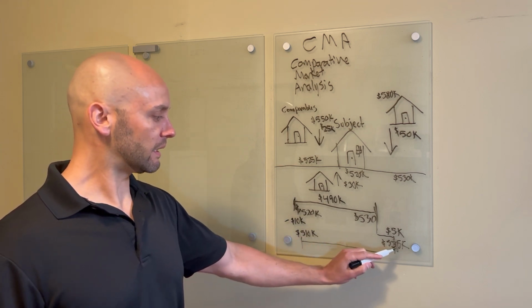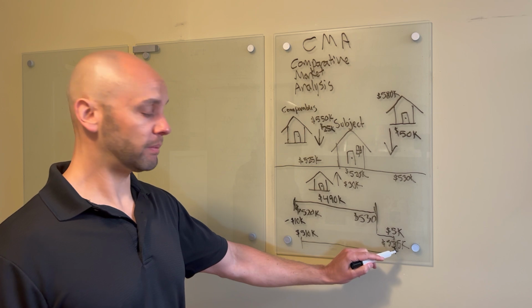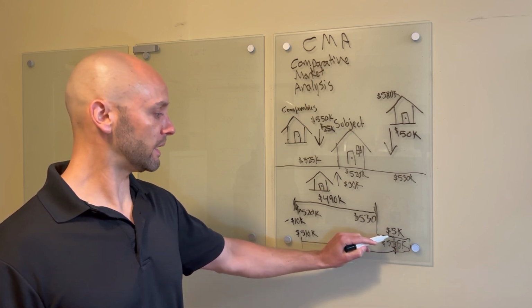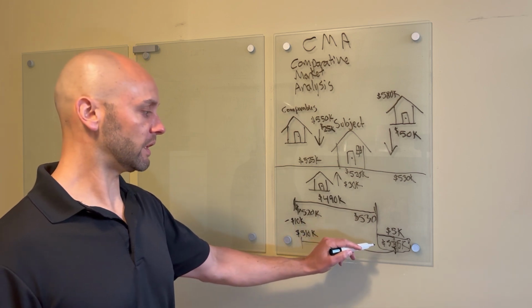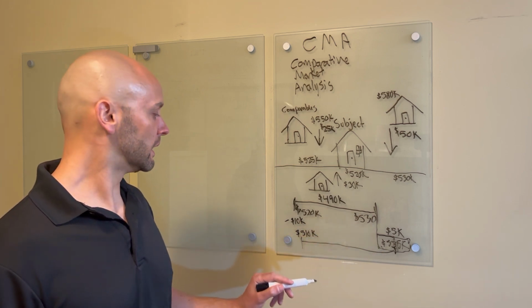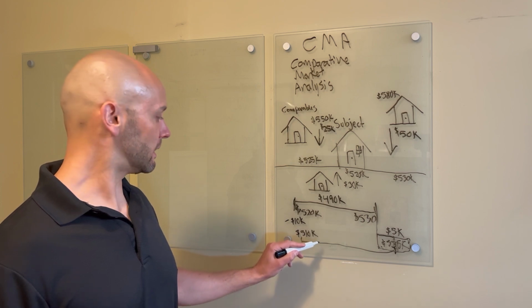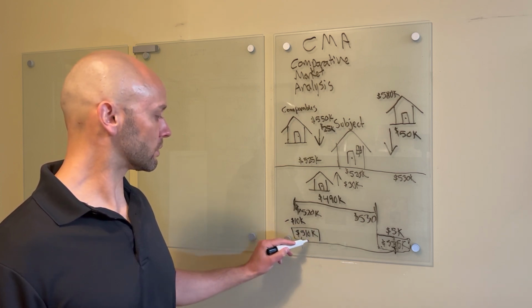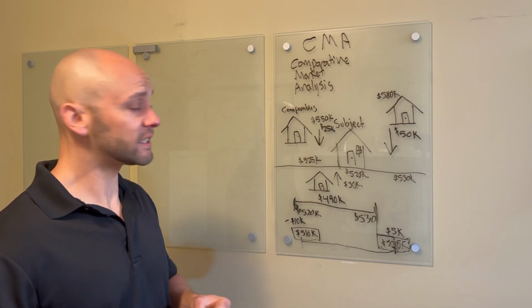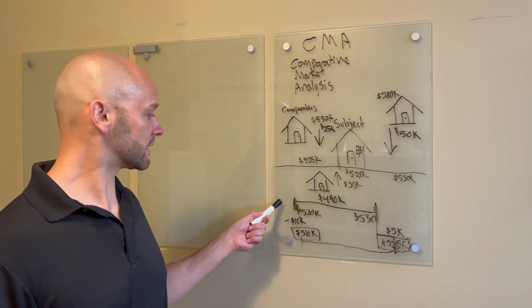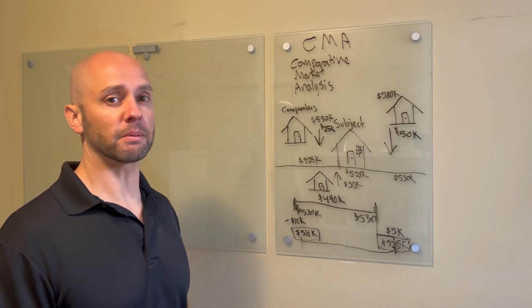As a seller, typically I find people want to get as much as they can for their properties. So what are some strategies to get on this end of the scale as a seller? And then as a buyer, how do we get more towards the lower end of the scale? And essentially that's the CMA, Comparative Market Analysis. This gives you an idea of how properties are priced.